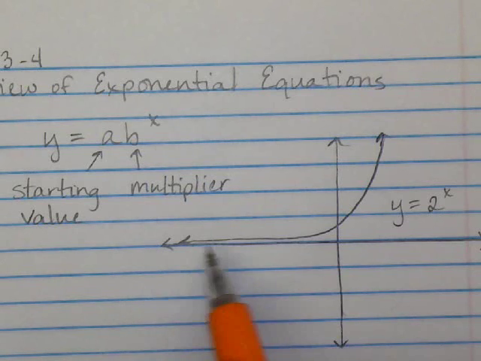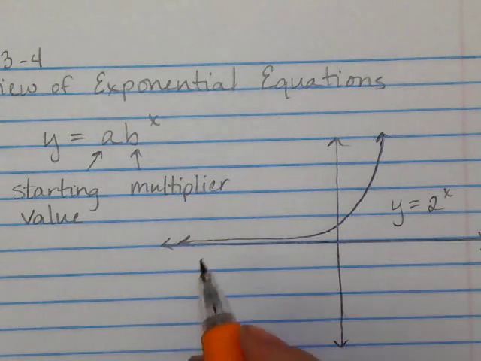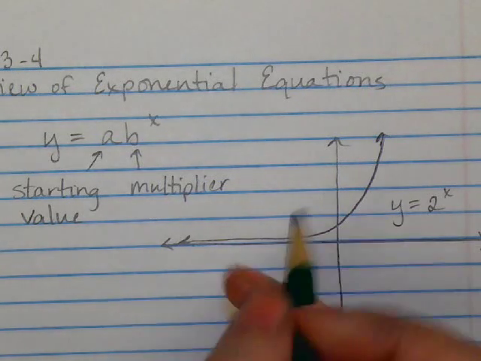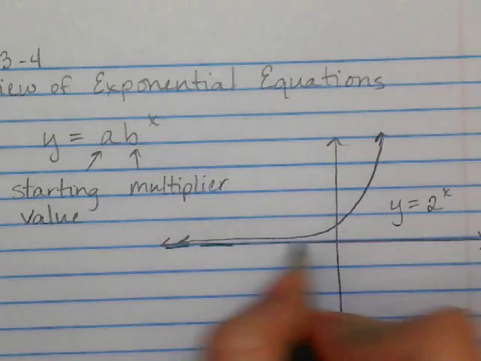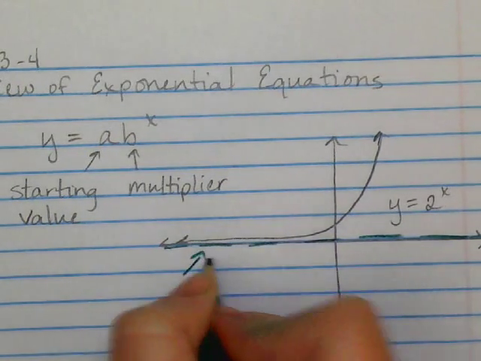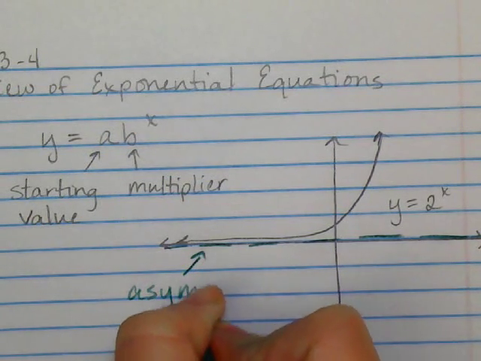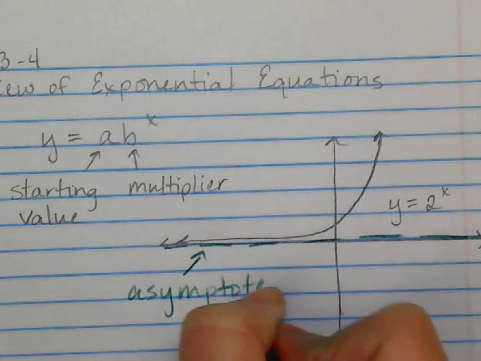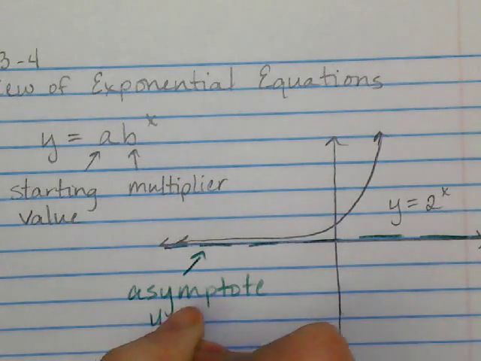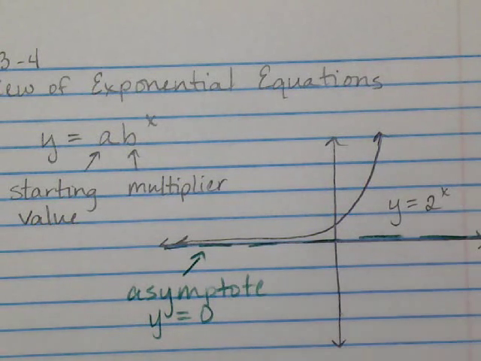So as we go down in this direction, we get closer and closer to 0, but we will never actually meet 0, which means we have a horizontal asymptote at y equals 0, because there is absolutely nothing that we can put in for x that will make y come out as 0.